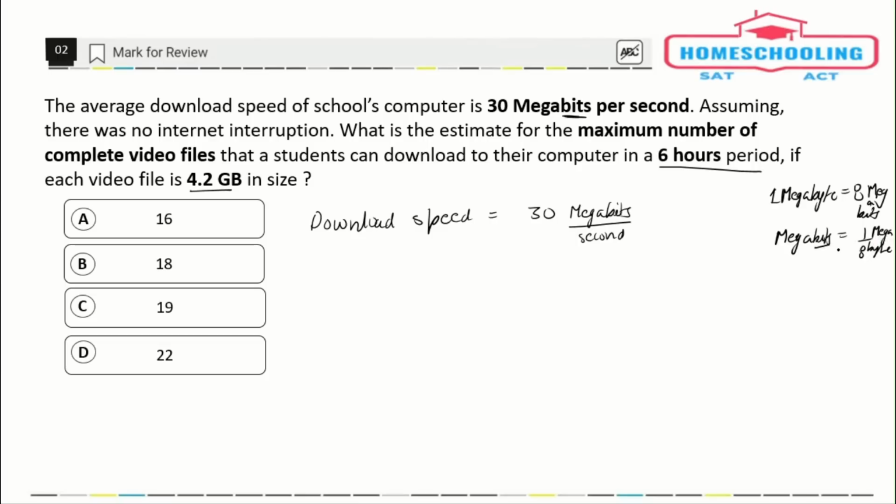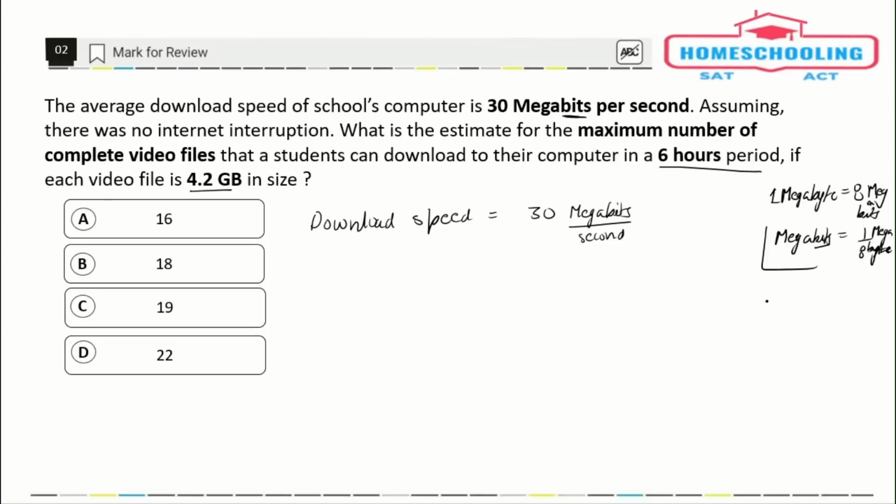Here it is bits, here it is byte. So we will replace this megabits with 1 by 8 megabyte.